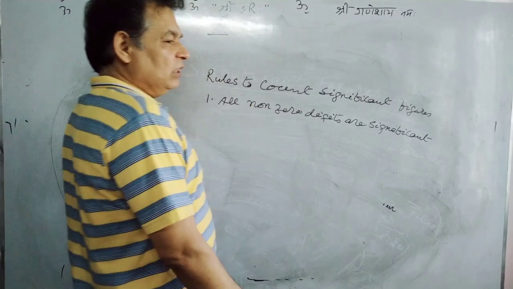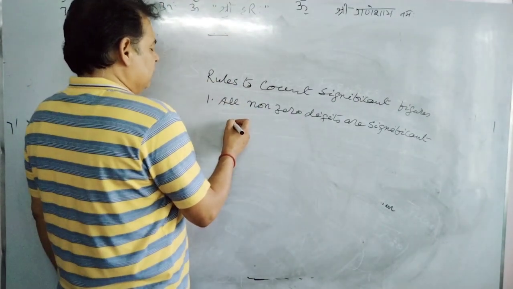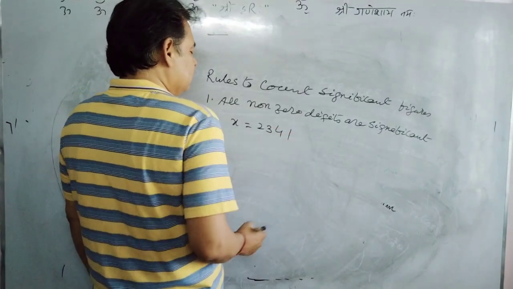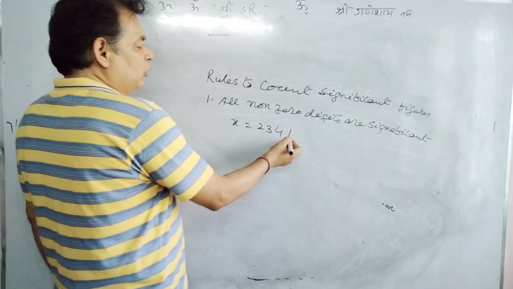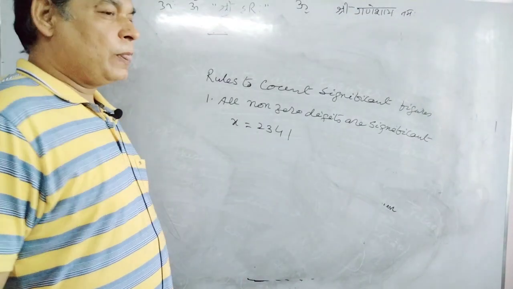All non-zero digits are surely significant. Suppose x equals 2341. There are 4 non-zero digits and they all are significant.